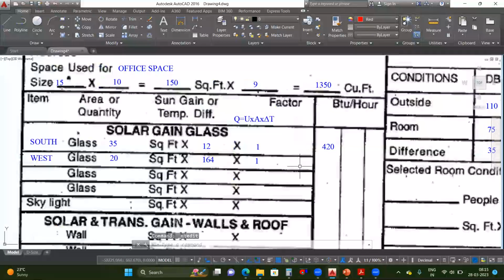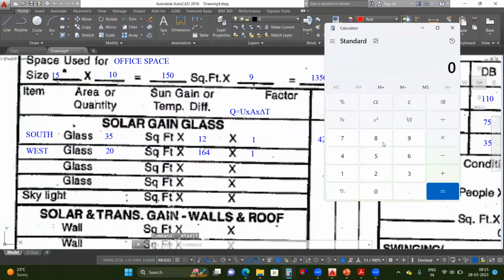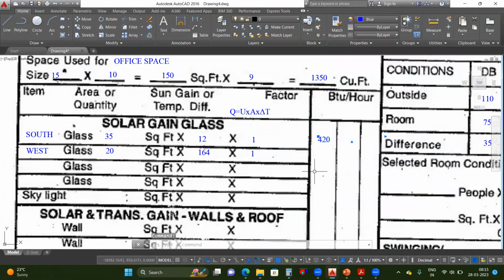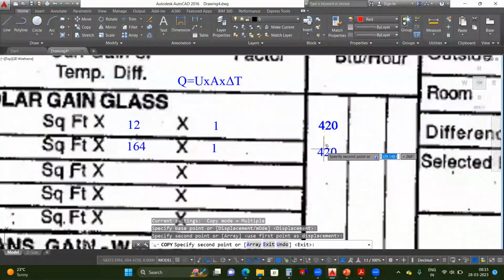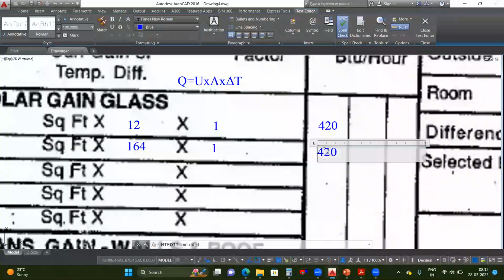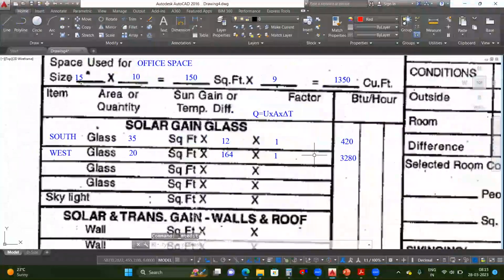So next one is the west side. Again we need to multiply 20 multiplied by 164. That is 3280 BTU per hour.